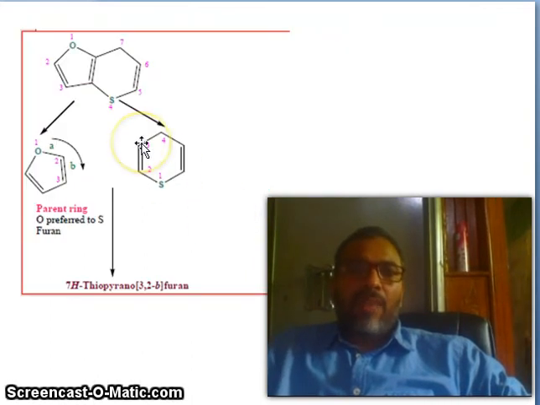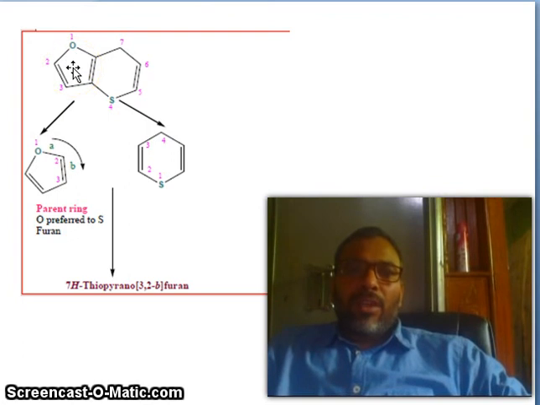Now take this example. This ring and this ring, both rings are heterocycles, and the common point is here, one common bond with 2 atoms. So this is a 6-member ring and this is a 5-member ring, but this ring contains sulfur and this ring contains oxygen.